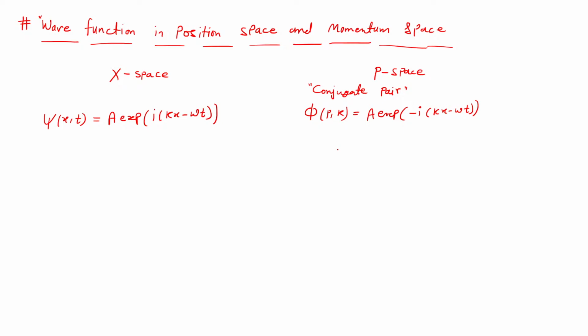We can simply take a division by h cut. If I do that, h cut k will become p, division and multiplication by h cut basically, and omega with h cut will give you energy E t. So this will be the format of the wave function in the momentum space.